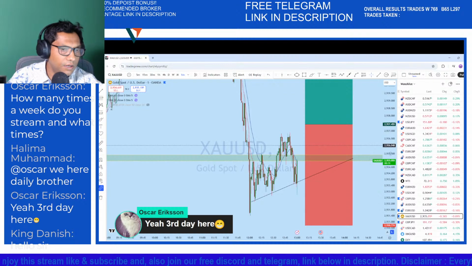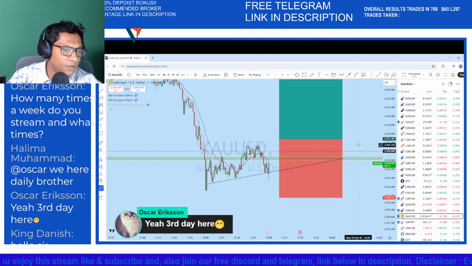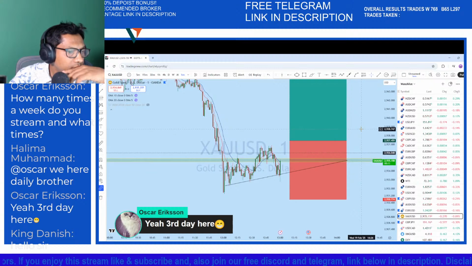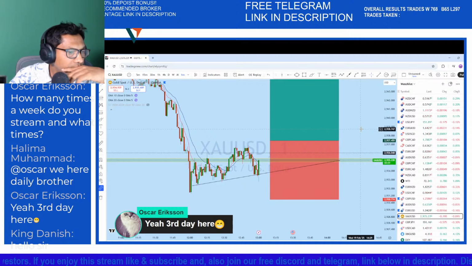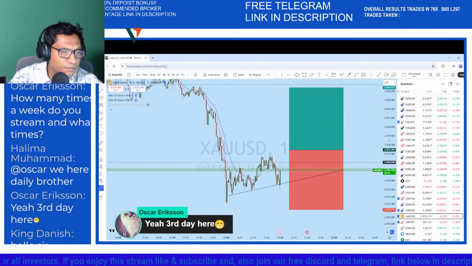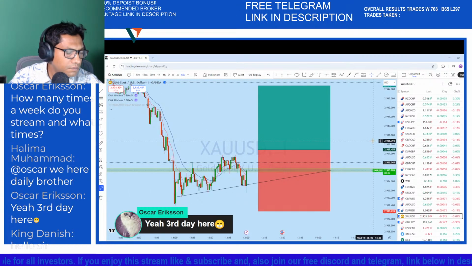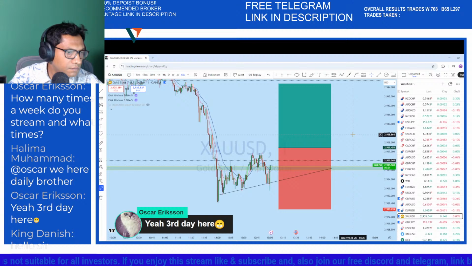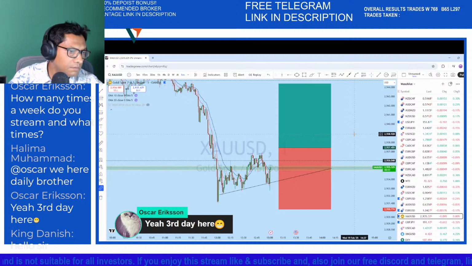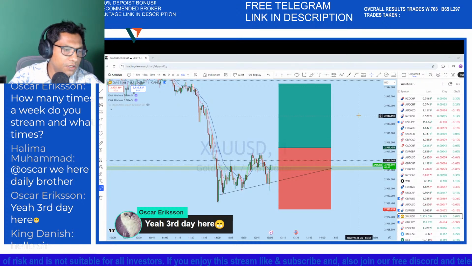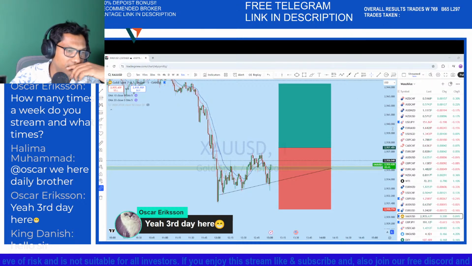Okay, so you can see a breakout. So in the session, we could see now some movement.